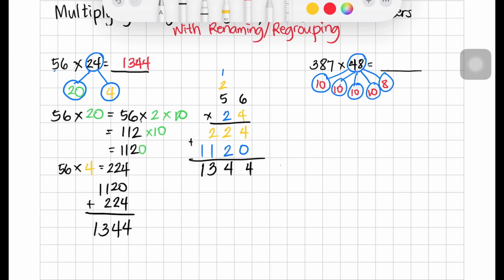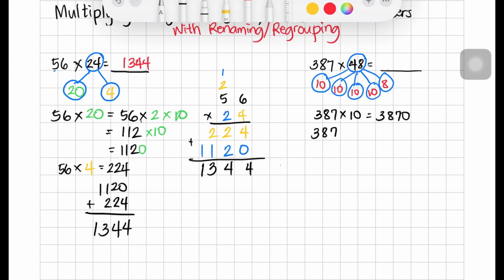Okay, so let's try. Because for me, it's easier to multiply with 10. And then I'll just do that 4 times. So maybe I'll just have 3,870 here. If I do that 4 times, then it's also the same as saying I multiply 3,870 by 4, right?